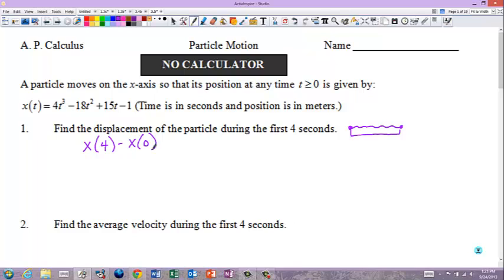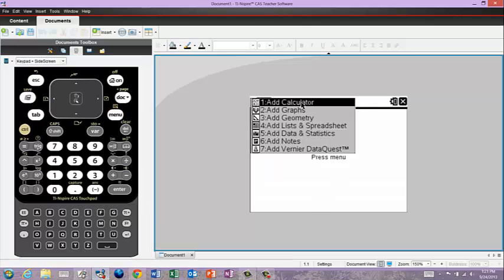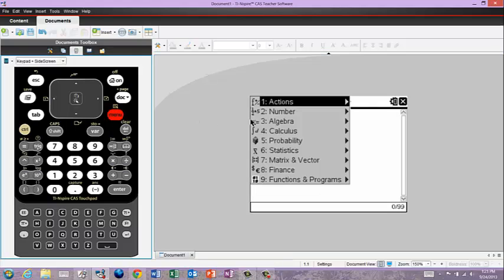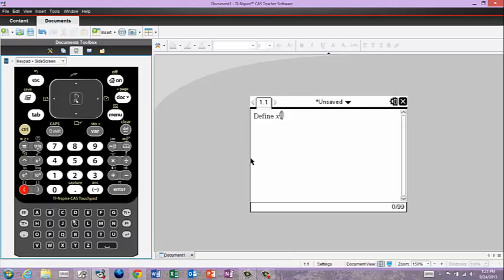And if you're going to be using the same thing over and over again, the best thing to do is define. Menu, actions, define, x of t to be 4t cubed minus 18t squared plus 15t minus 1.